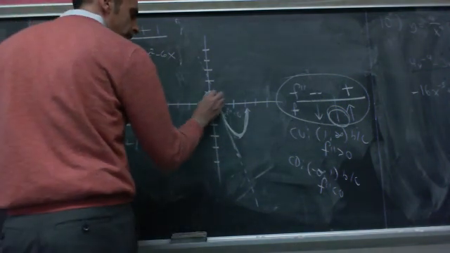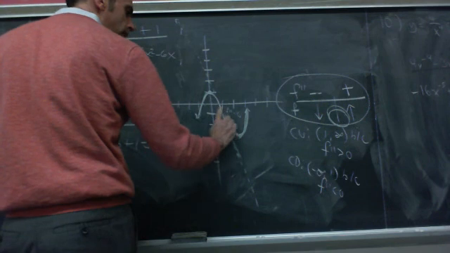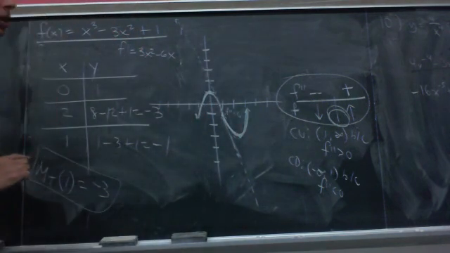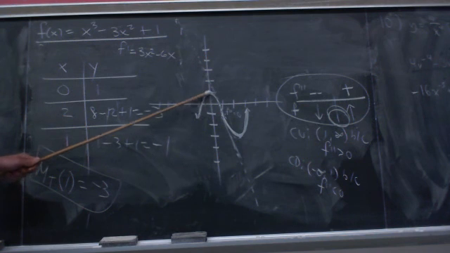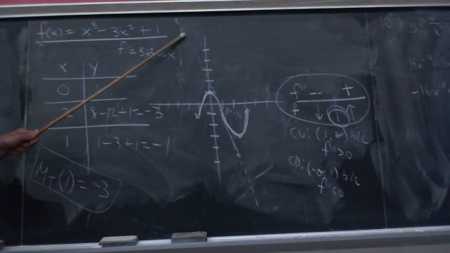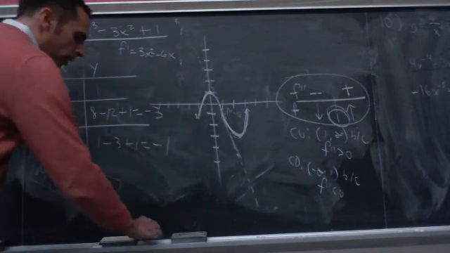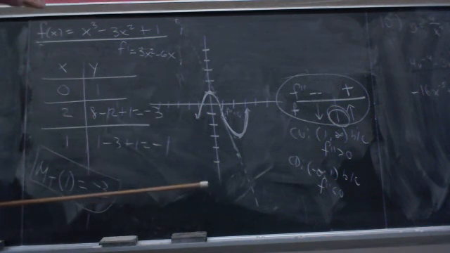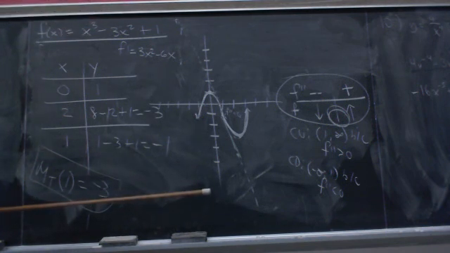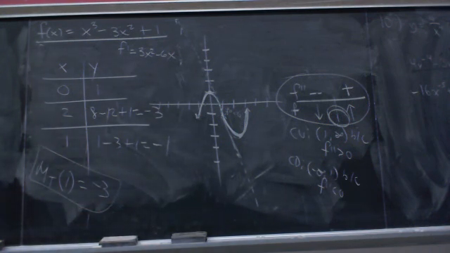Here, when I'm concave down, the tangent line lies above the curve, so any approximation off the tangent line would be greater than the actual value, because the graph of f is concave down from here to here, and the tangent line lies above. So it's very important to realize that when the graph is concave up, the tangent line lies below the curve. When it's concave down, the tangent line lies above the curve.